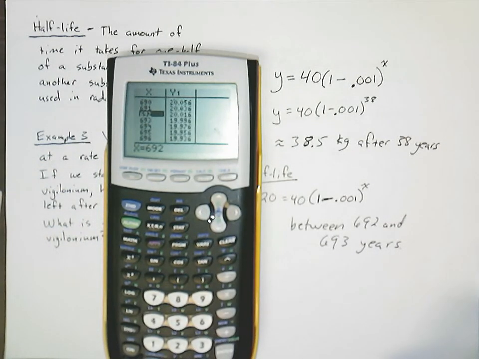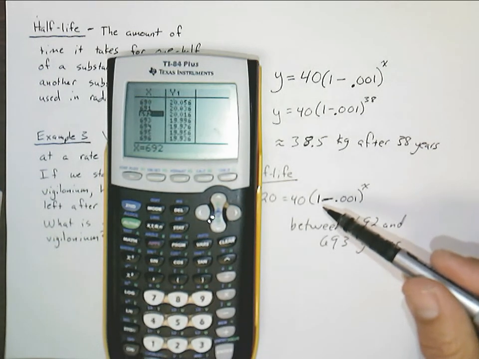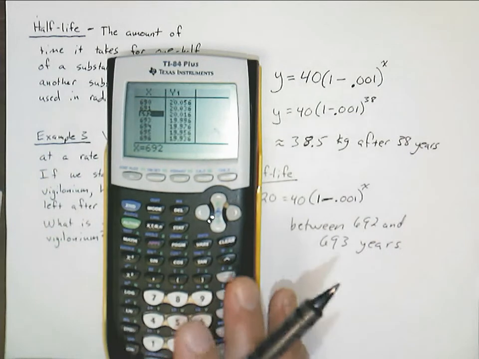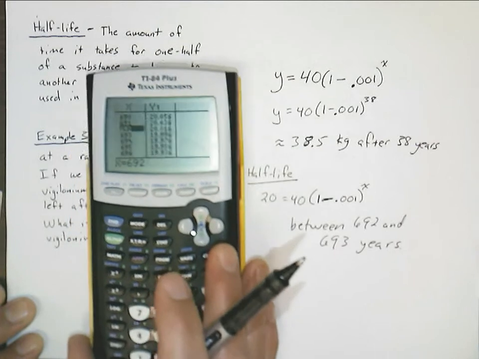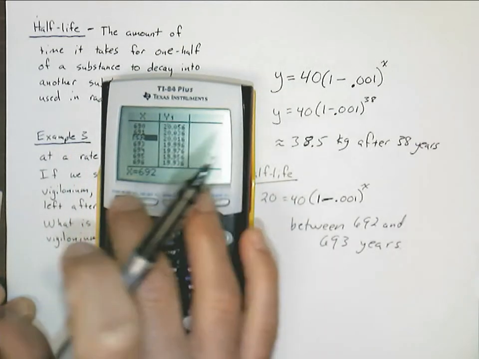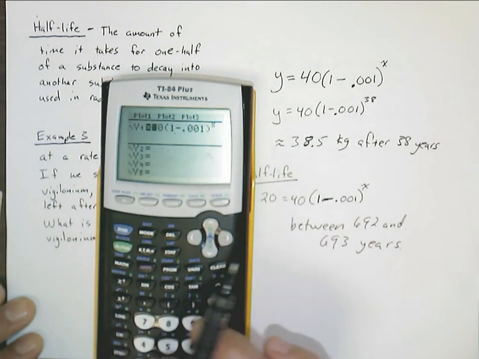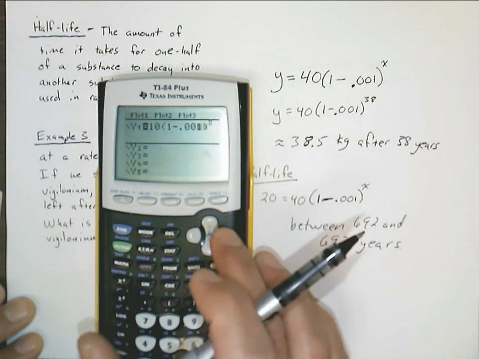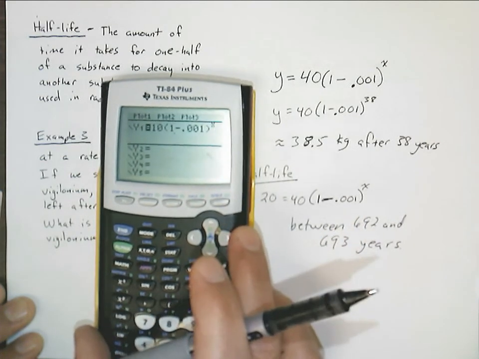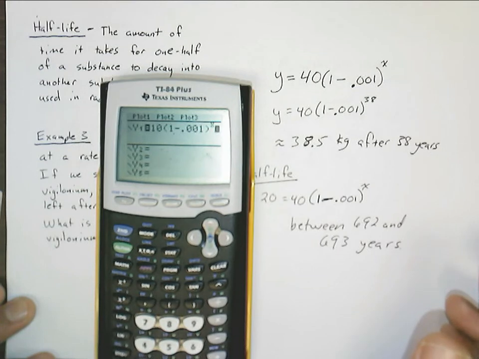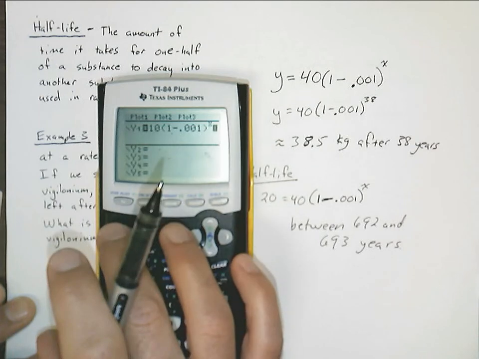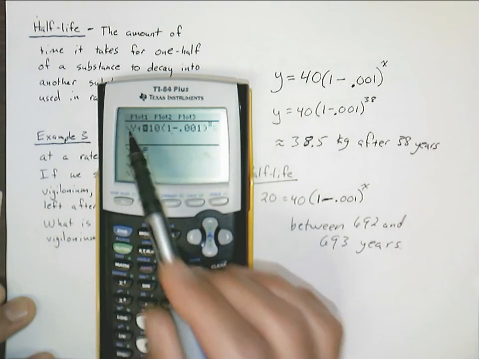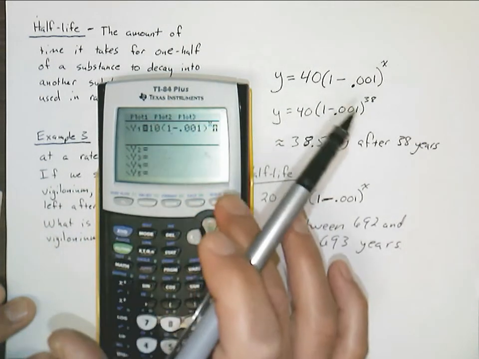Well, what would happen if we started off with a different initial amount? Perhaps that's going to change things. So let's say we started off with just 10 kilograms. We change our model to 10 times (1 minus 0.001) to the power of x, and look at a table again to see where we end up with a y value of 5 kilograms.